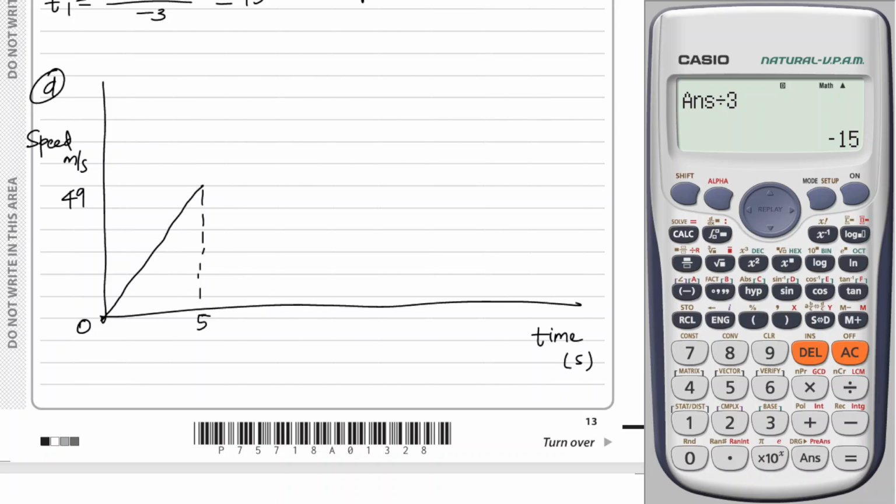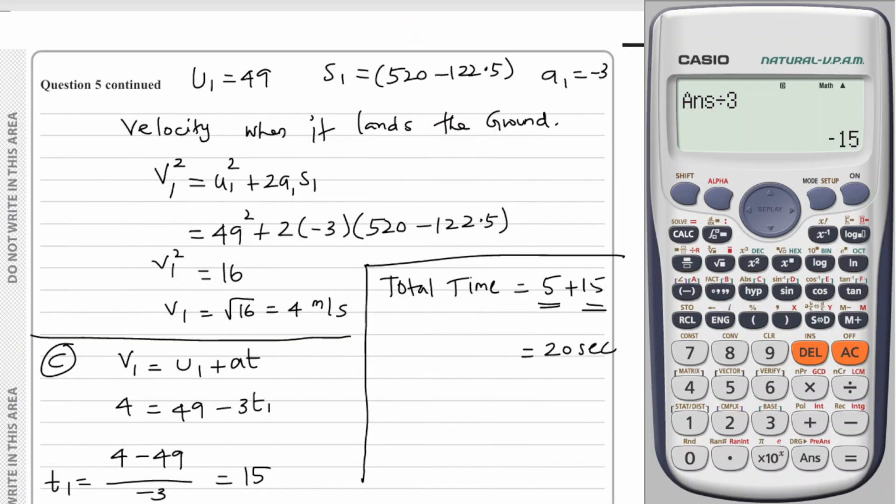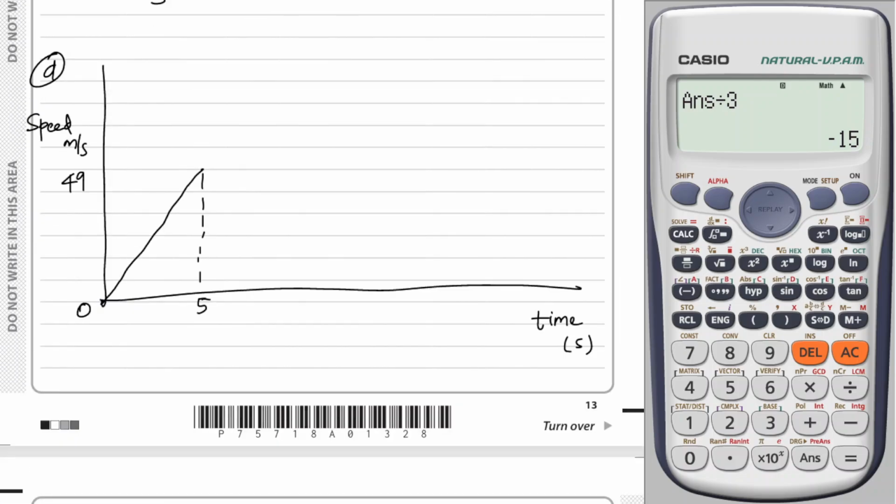After that the parachute opens. When the parachute opens, the acceleration will be negative, and it reaches 4 meter per second in the next 15 seconds. So again it starts to fall and it reaches 4 meter per second at 20 seconds.